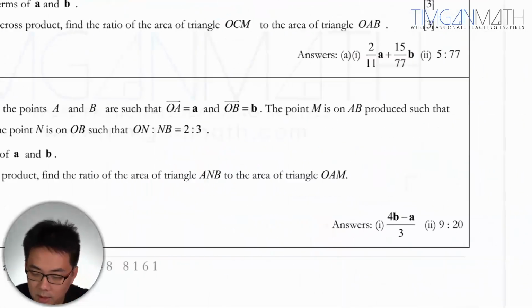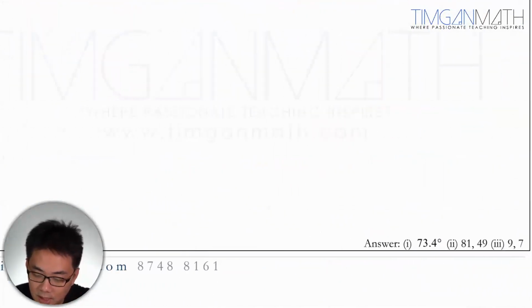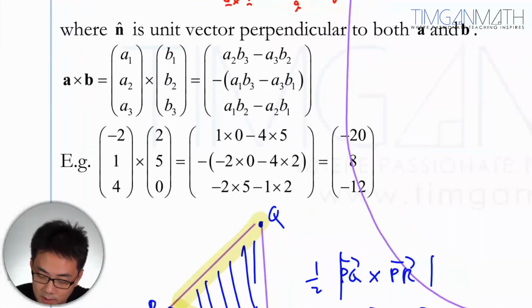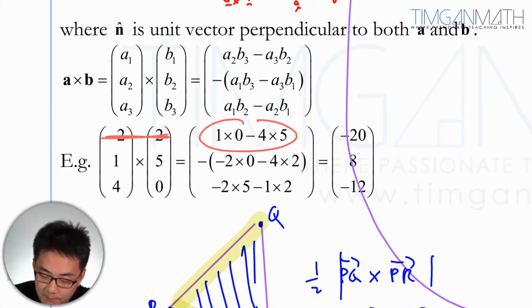This is important. For cross product, there's a rule to it. This is the rule here, given in MF26, on the first page of it. To find the first component, you cover the first column, so it's 1 times 0 minus 4 times 5.